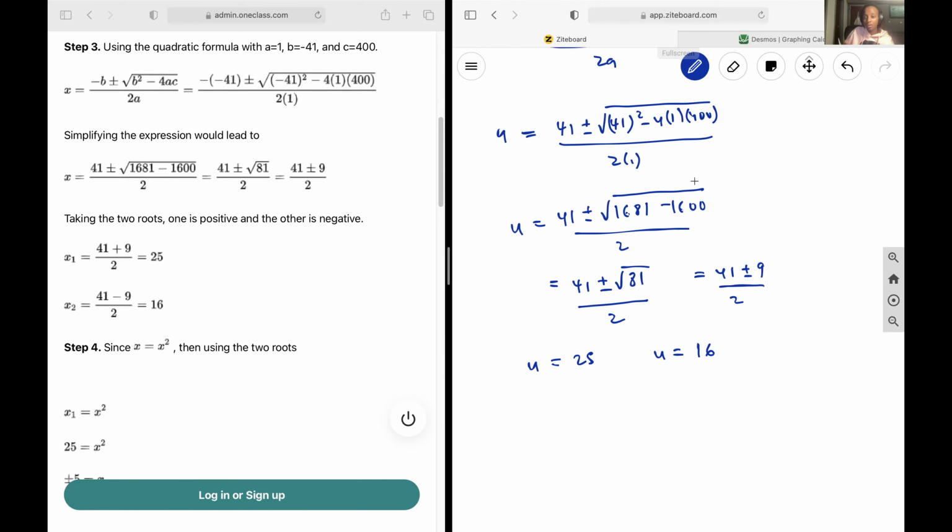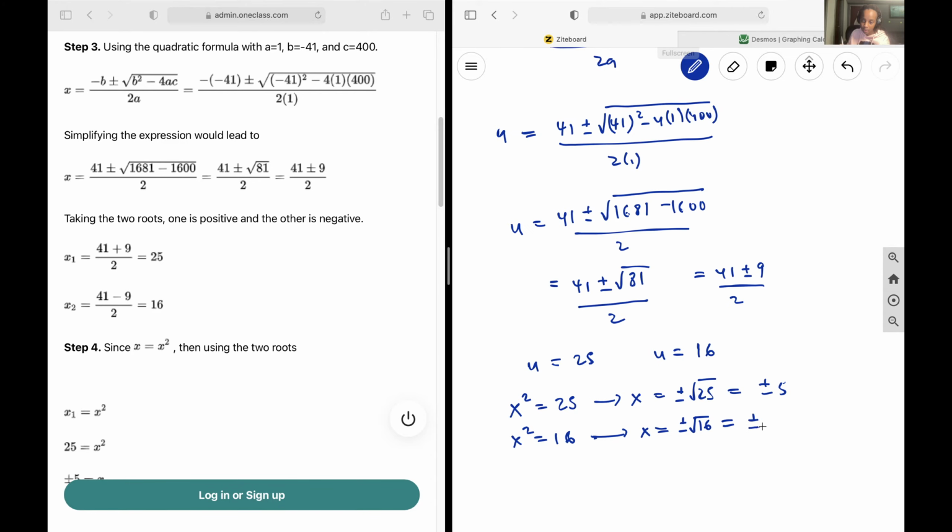Okay, and then now you just want to put back in what we got. So since u is equal to x squared, you get x squared is equal to 25. And this means that x is equal to positive or minus square root of 25. That is going to be positive or negative 5. Next up, x squared is equal to 16. And this is going to get x is equal to the positive or negative square root of 16.